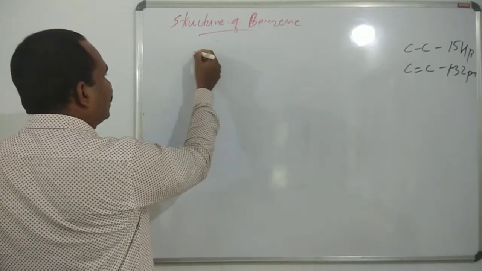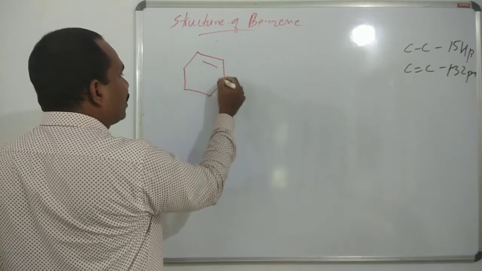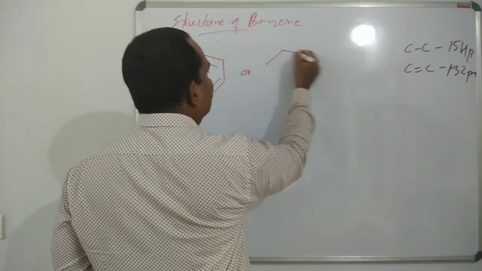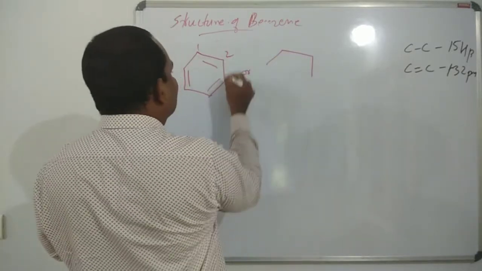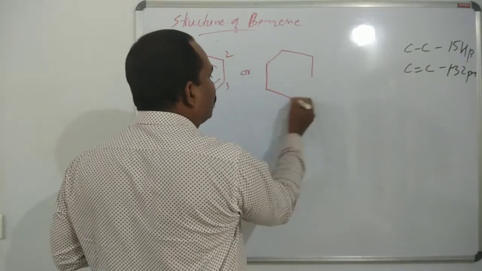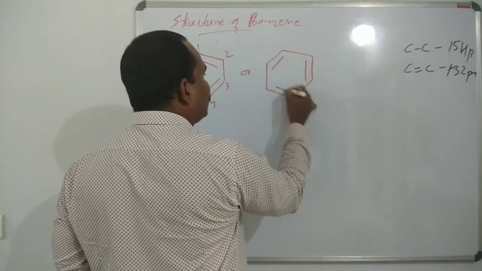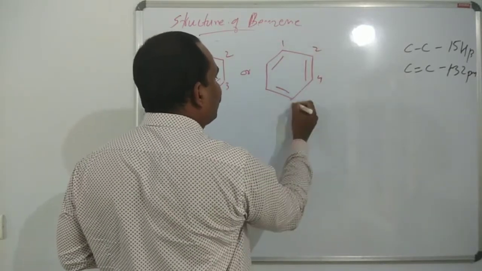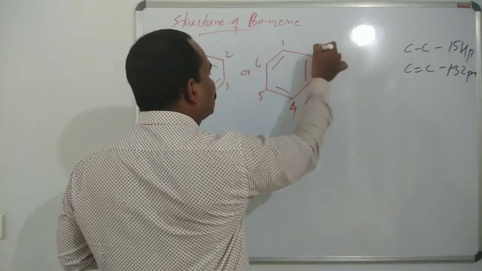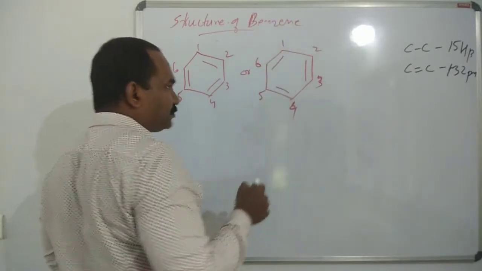And we can write that benzene has a resonance hybrid, where the pi bond is between 1, 2, 3, 4 and 5, 6, or between 2, 3, 4, 5, 1, 6.